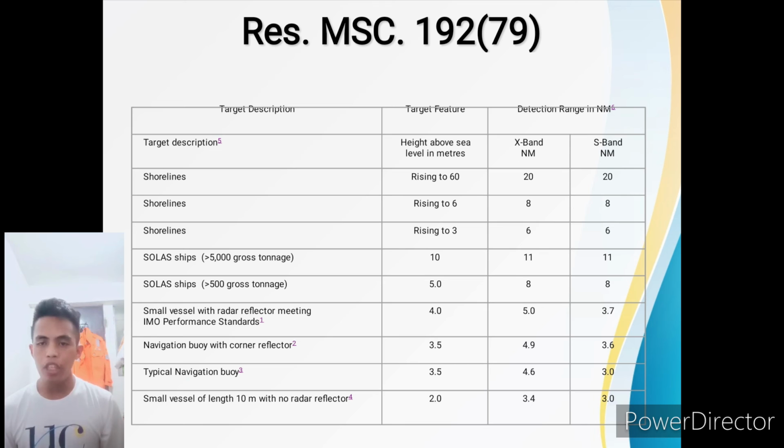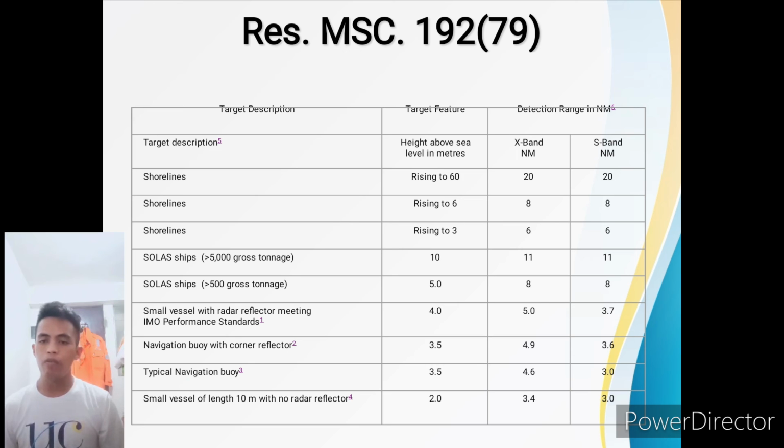The navigation buoy with corner reflector, with height above sea level of 3.5 meters: the X band is 4.9 nautical miles. The S band is 3.6 nautical miles. The typical navigation buoy with height above sea level of 3.5 meters: the X band is 4.6 nautical miles and the S band is 3.0 nautical miles.